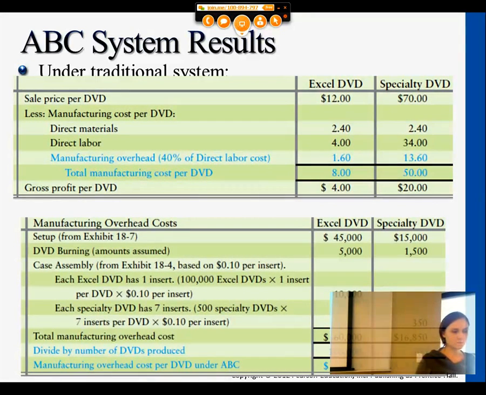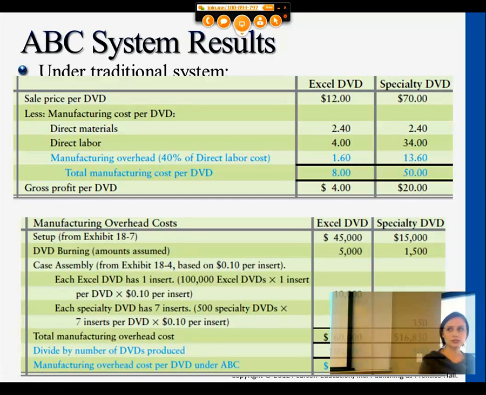Now look at this, right? We've just done this simple thing. Now I'm going to look at my ABC system. What's happening here? I have my setup cost, 45,000. I have my DVD burning setup, 5,000, right? I have my case assembly cost, 10,000. We just did all of it, right? And now I know that my total manufacturing overhead cost is $60,000.